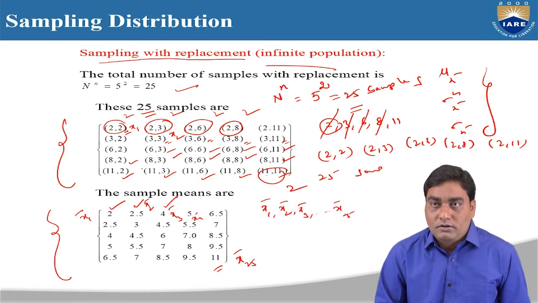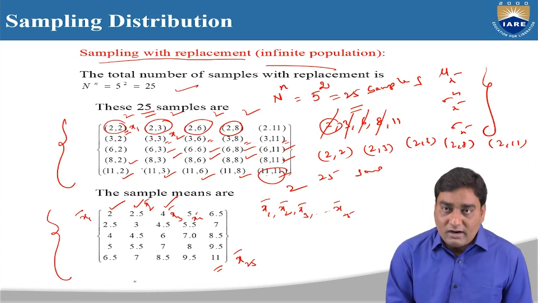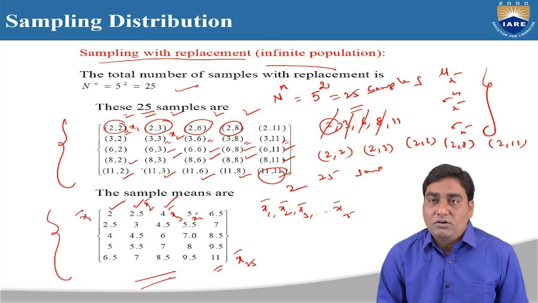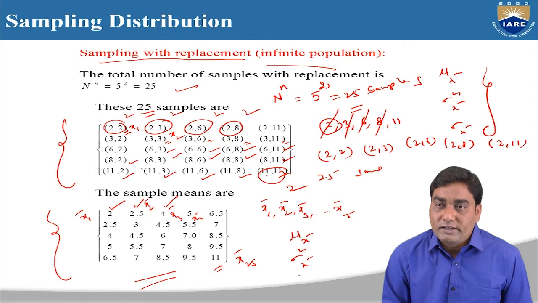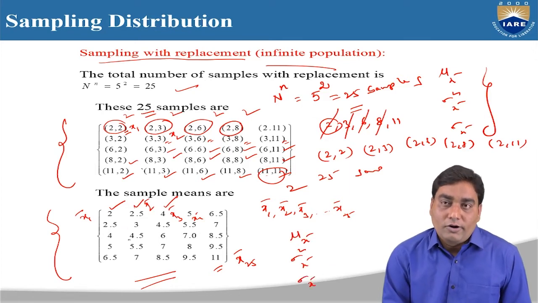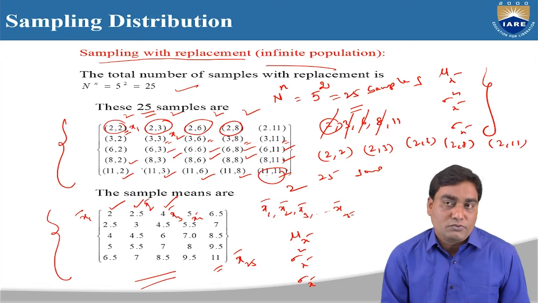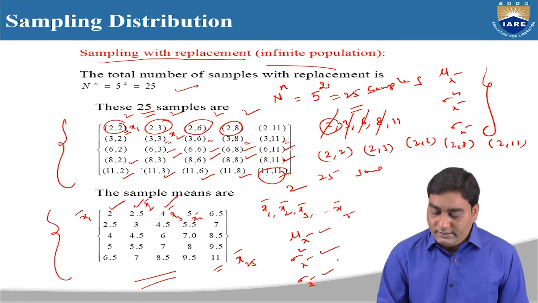Based on this data, we are going to find the mean of the sampling distribution, variance of the sampling distribution and standard deviation of the sampling distribution. Based on the values x1 bar, x2 bar, x3 bar up to x25 bar, we can find the mean, average, variance and SD.